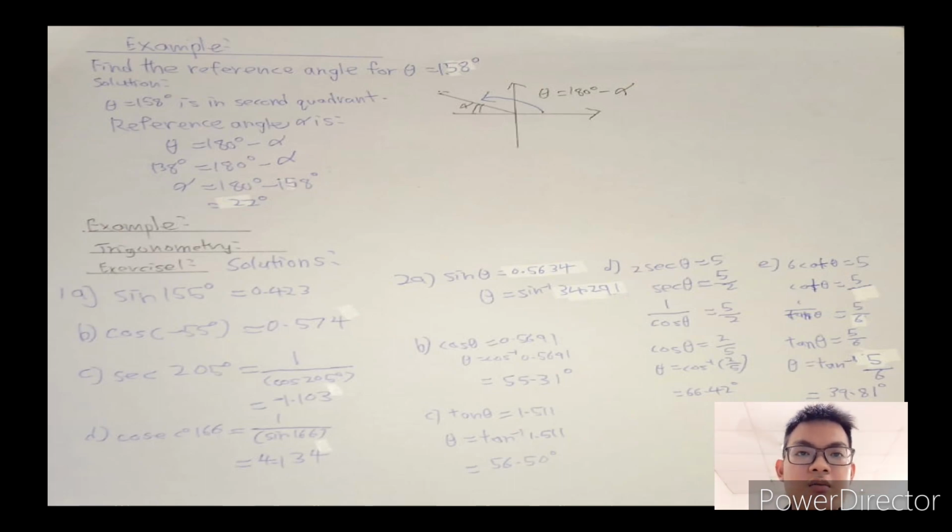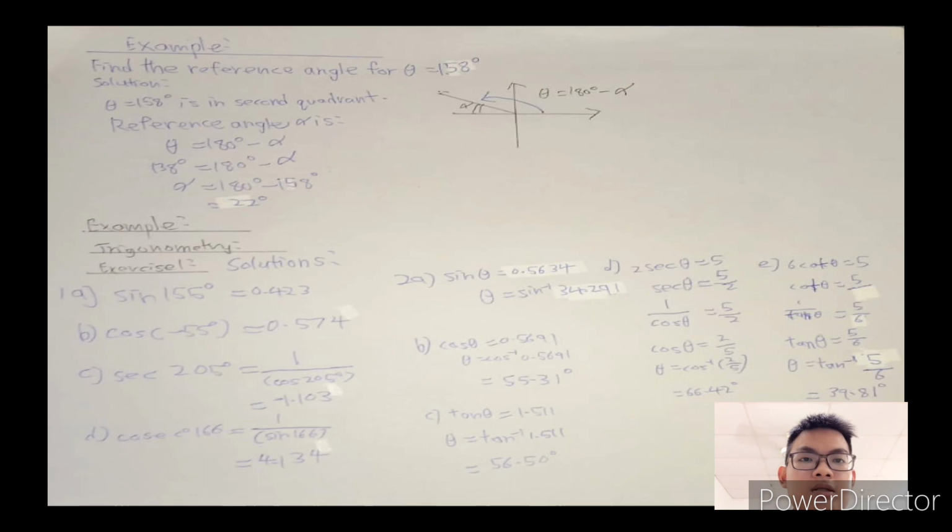For question number 2b, cos theta is constant and is 0.5691.